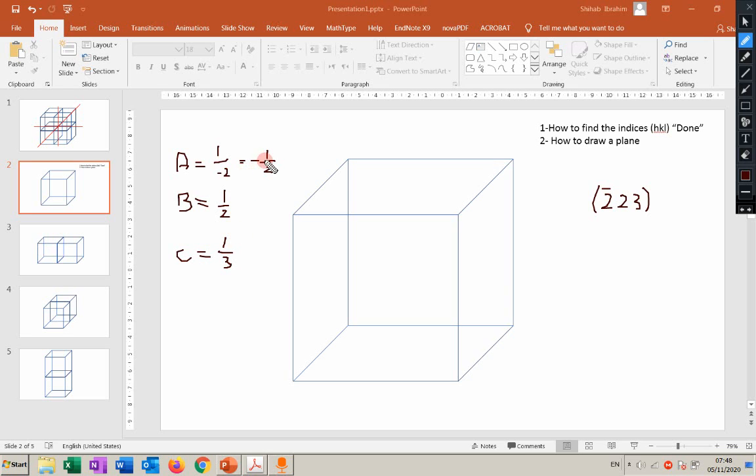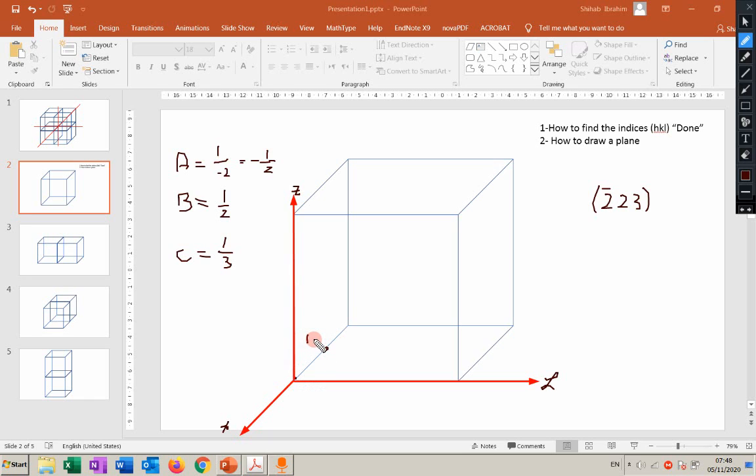Those two are positive, x is negative. So we're going to choose a location for the origin, and the best place is here, so I'm going to use the cube nicely. This is going to be y, this is x, and this is z. Now the intercept with the x-axis is minus 1 over 2, so it is in the minus direction, somewhere here. This is the minus direction for x.